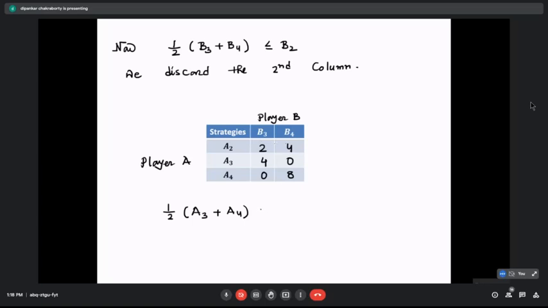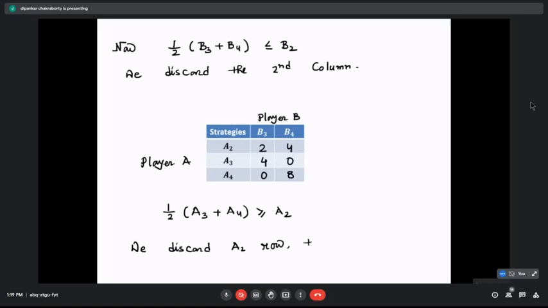So I can always consider that this is greater than or equal to A2. So what row are we going to delete? A2, right? So we discard the second row, or the A2 row, you can say, because here the second row means A3, but from the first matrix we started with, the second row means A2. So we discard the A2 row.